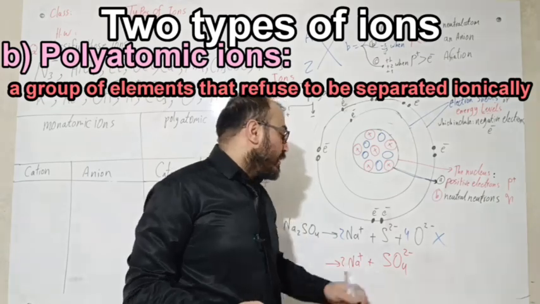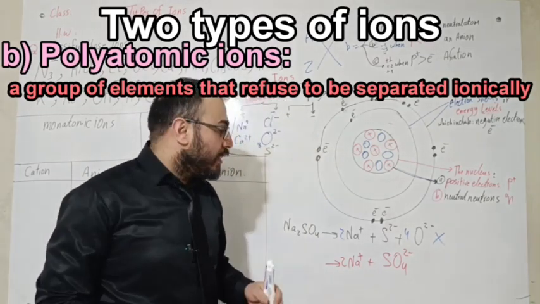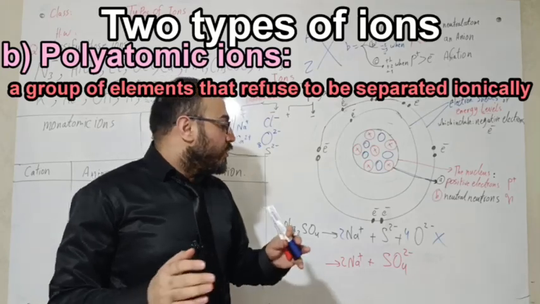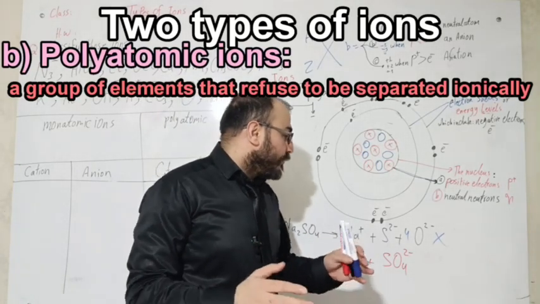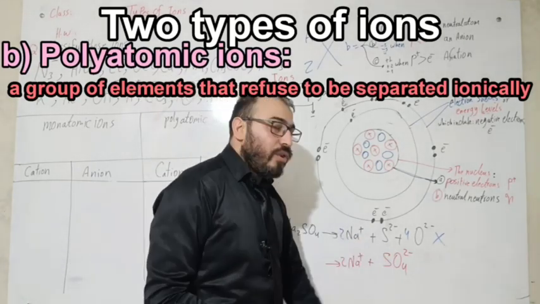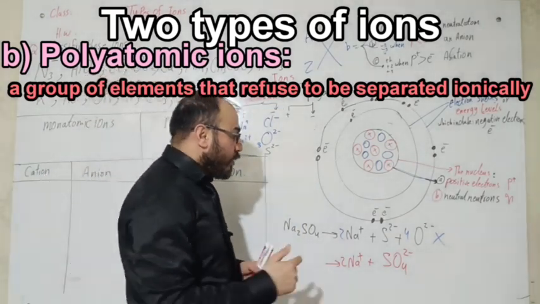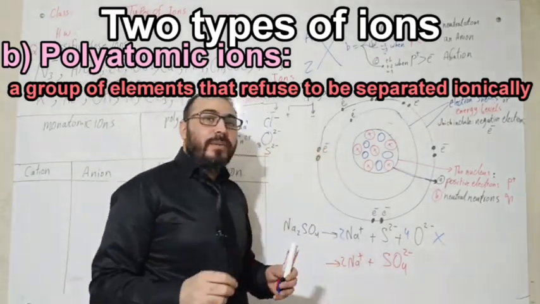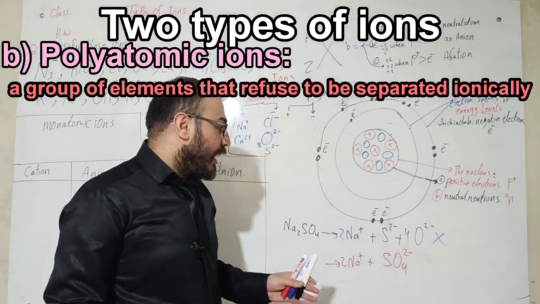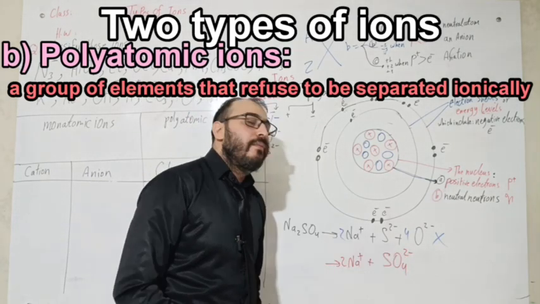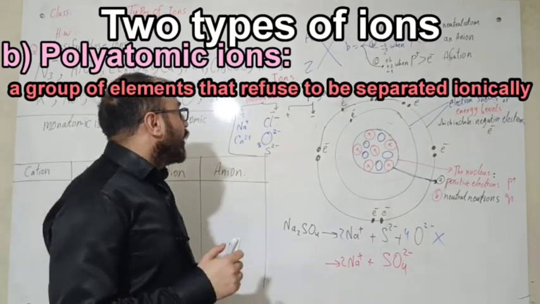And we said that a polyatomic ion is a group of atoms that refuse to be separated ionically, and they should be treated as one atom or one ion. So the SO4 here is going to be treated in the chemical reaction as one atom, as one ion, which has the charge of -2.